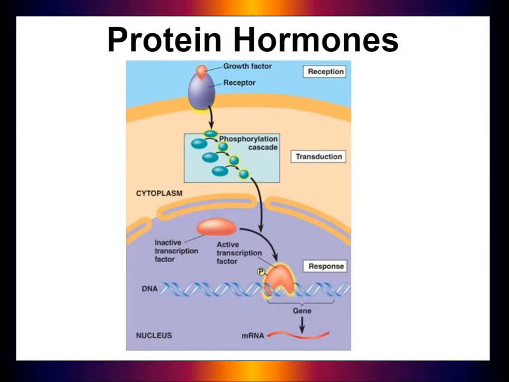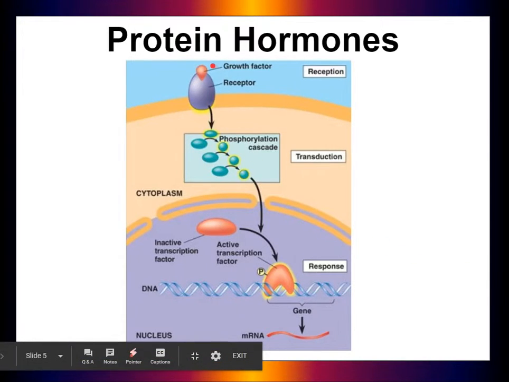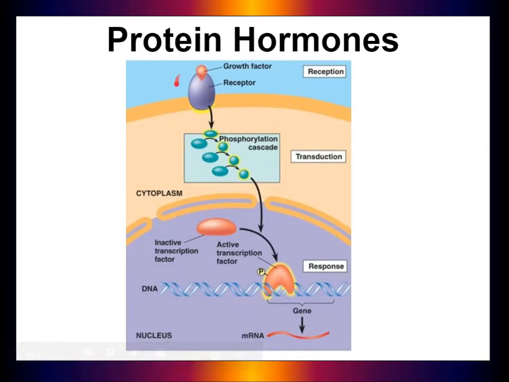So this diagram shows how protein hormones work. You have the hormone, in this case they're showing growth factor, binding to its receptor on the cell membrane, within the cytoplasm. This causes a change in a bunch of enzymes. So this changes shape, which might affect this enzyme, which is causing this reaction, which causes this.